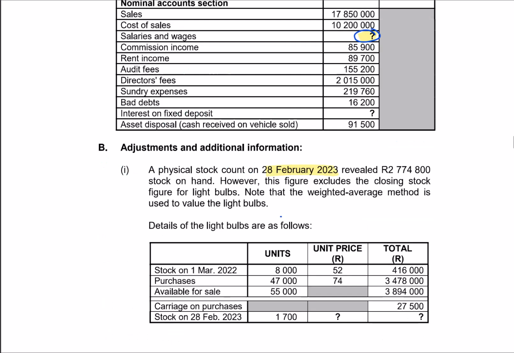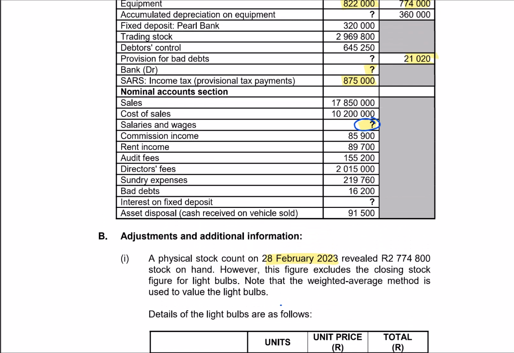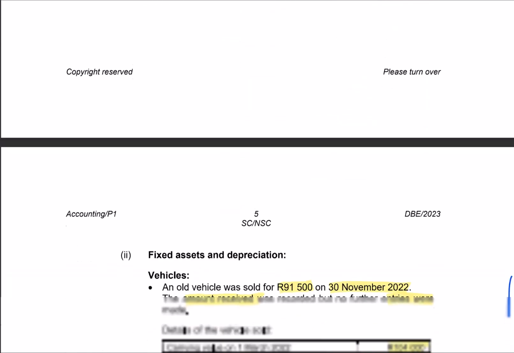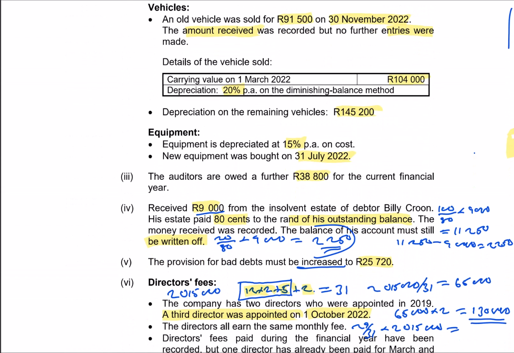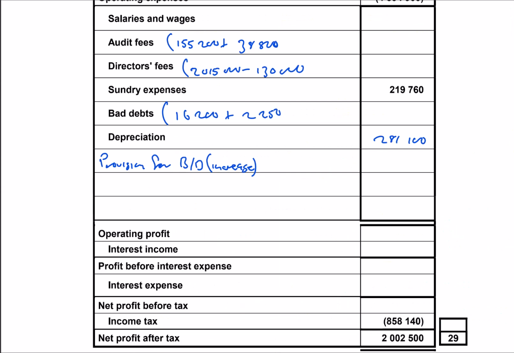We're told provision for bad debts for previous was 21,020. We were told it should be increased to 25,720. So that will be 25,720 minus 21,020.